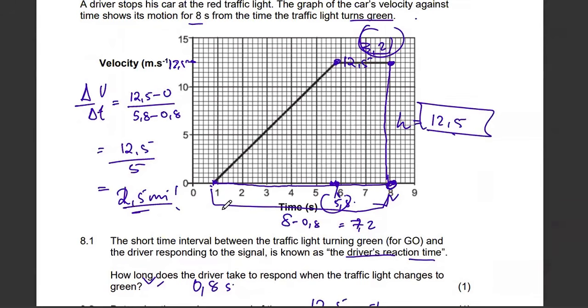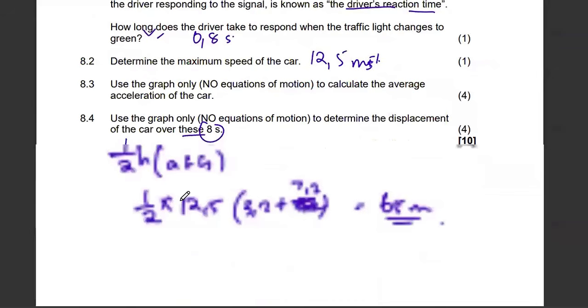Alternatively, you can break it down and find the area of each section. Maybe it's me that is having wrong values here. Because how is this? It's a 2.2 and not a 3.2.